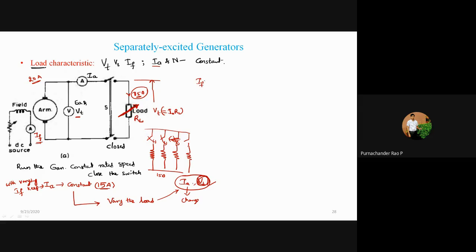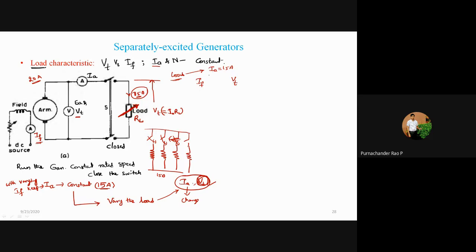Am I right or not? Initially IF is giving a certain amount of voltage VT for a current of IA equal to 15 amps. Then I am changing the load. Always when the load is changed, IA will change. To restore the IA, we need to change IF.